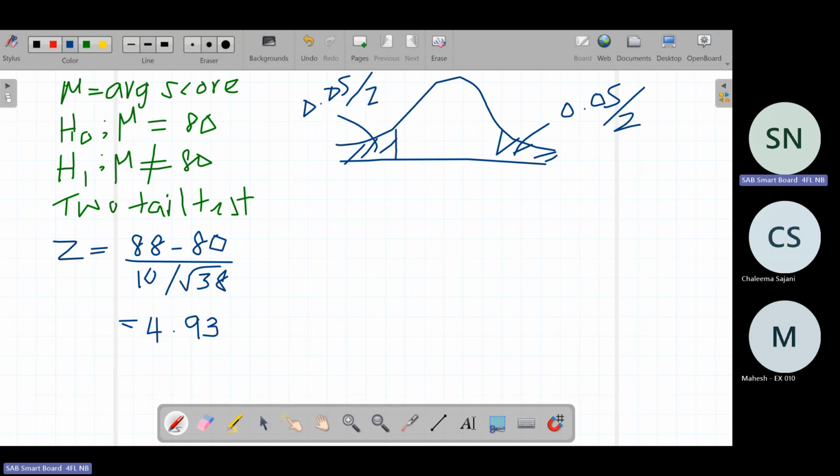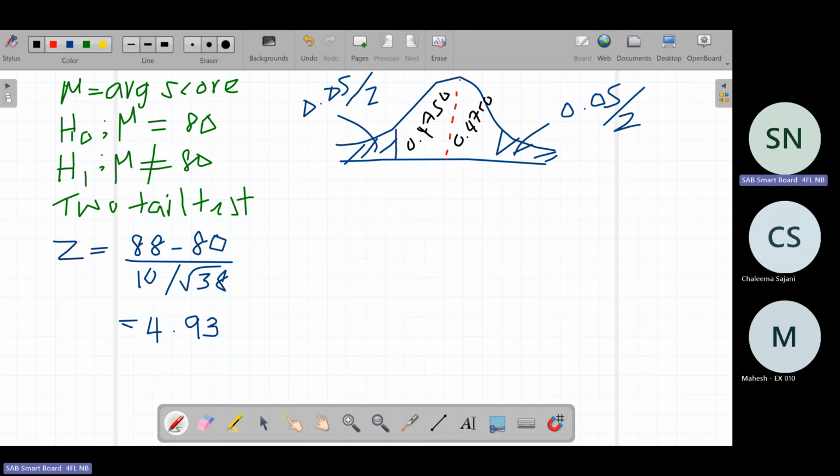Then here, 0.4750. Here also 0.4750. This side is 2.5%, 0.025. It's removed from the 0.5, remaining is 0.475.